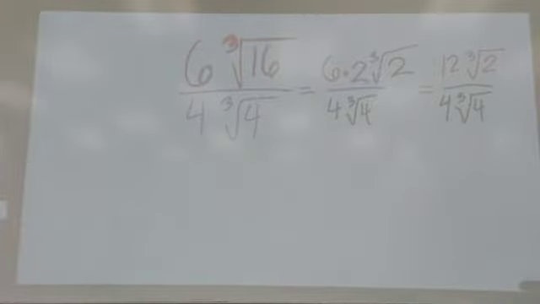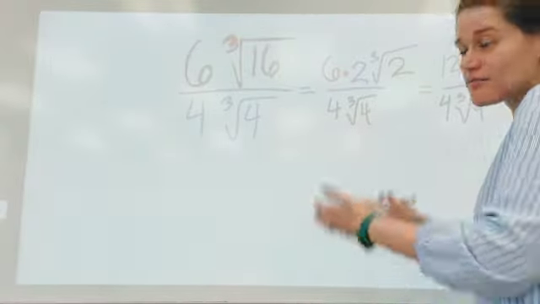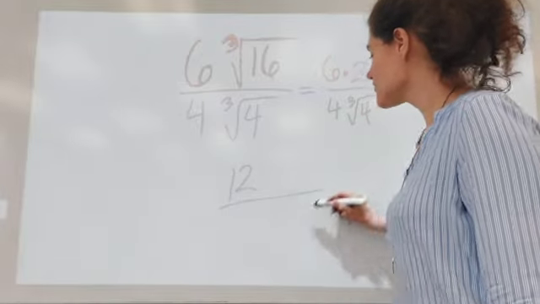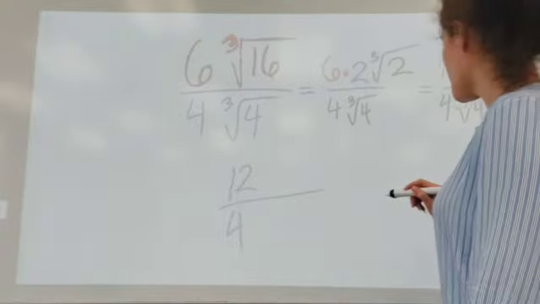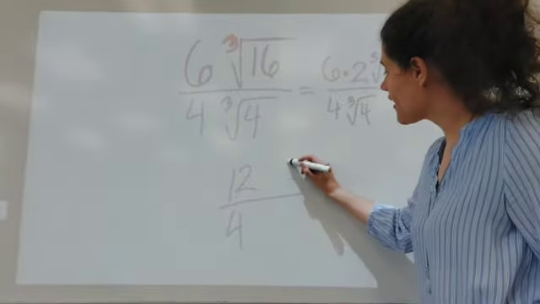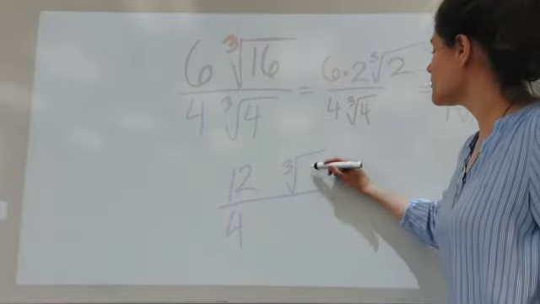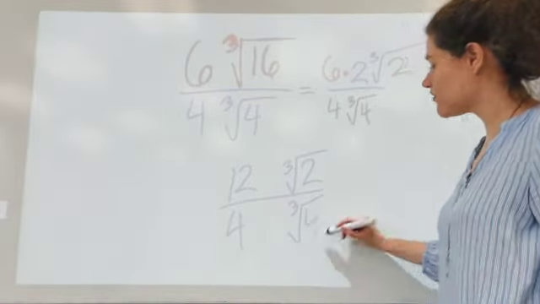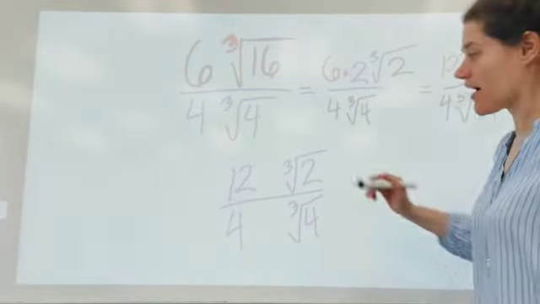So if I've got these 2 columns of fractions, I have this 12 over the 4 as one fraction, and then I have the cube root of 2 and the cube root of 4 as this other fraction, okay?